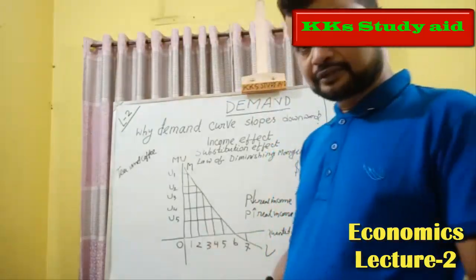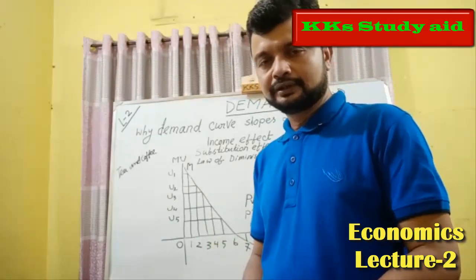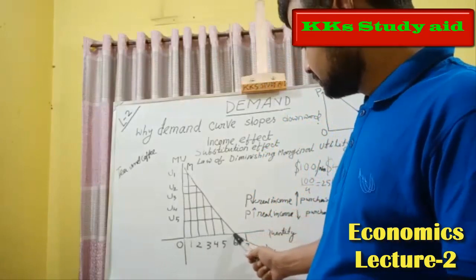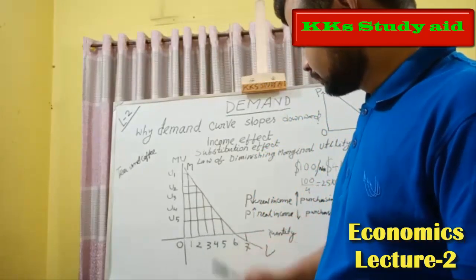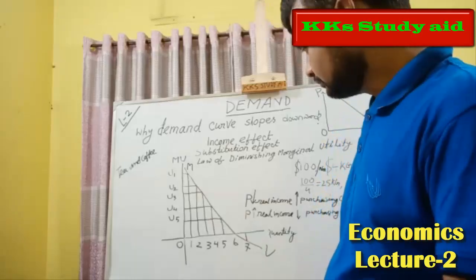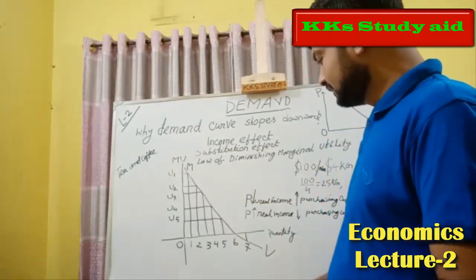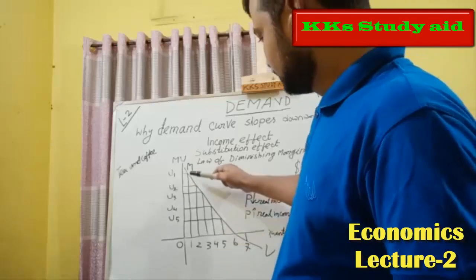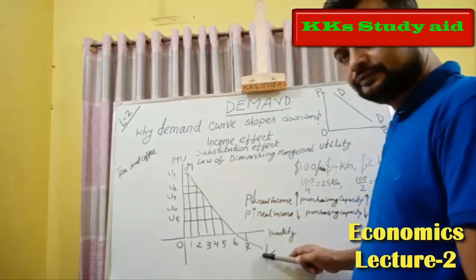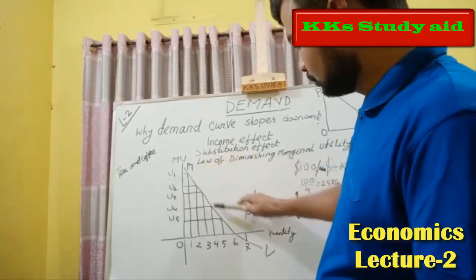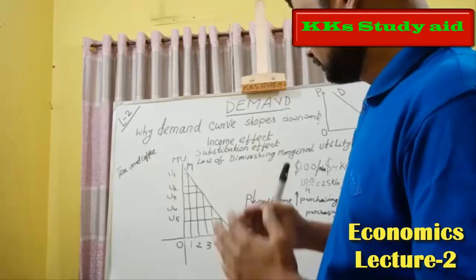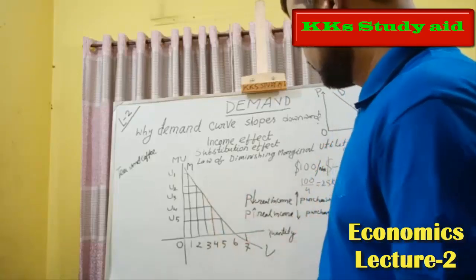Being a rational consumer, and every consumer is rational, he will increase his consumption up to the point when the marginal utility is zero. Because of the law of diminishing marginal utility, the marginal utility curve is downward sloping. The shape of this marginal utility curve is almost similar to the demand curve.